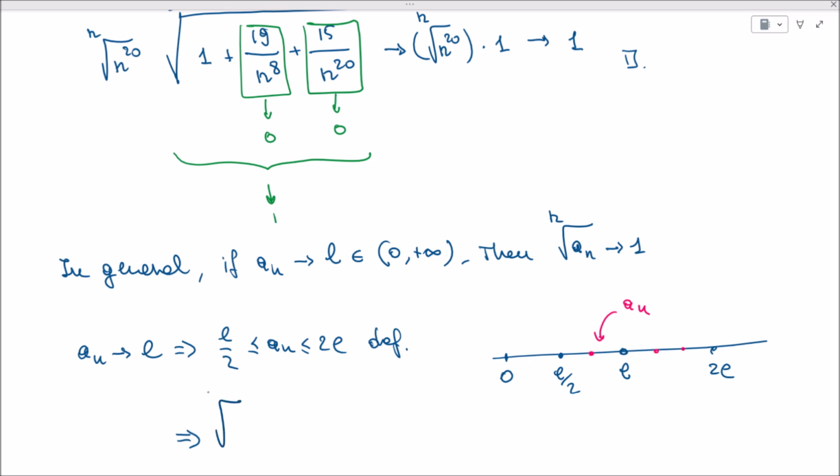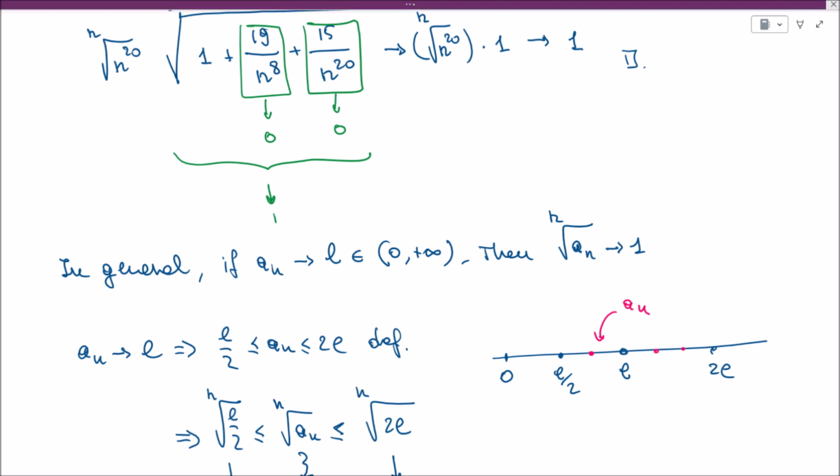So we have the nth root of L divided by 2, less than or equal to the nth root of an, less than or equal to the nth root of 2L. But now we know that this will be 1 as n goes to infinity. This will be 1, and by the squeeze theorem, once again, this will tend to 1. So this proves what we just said.